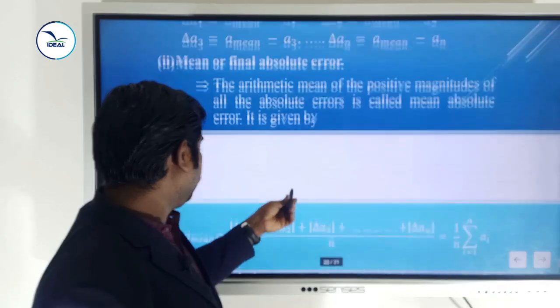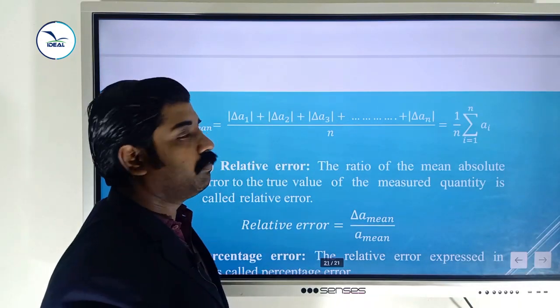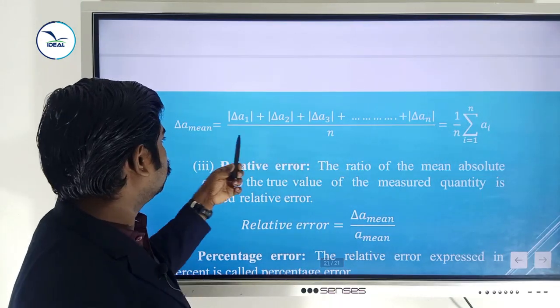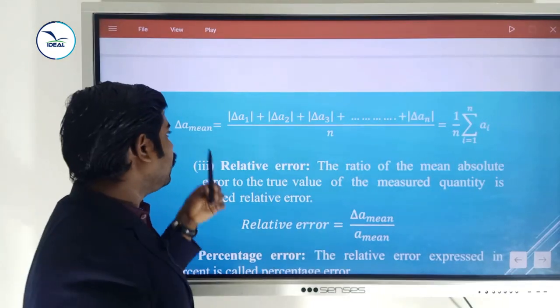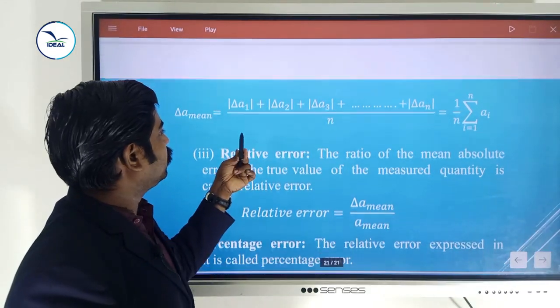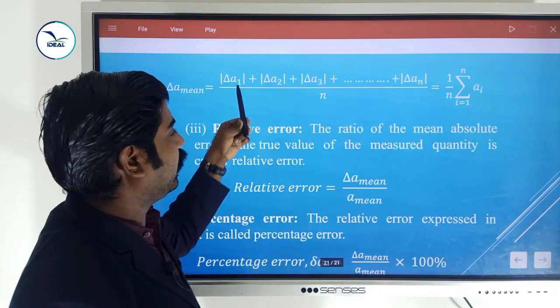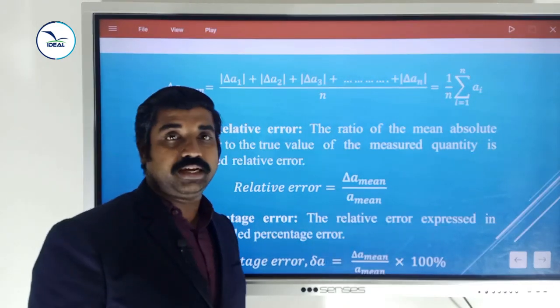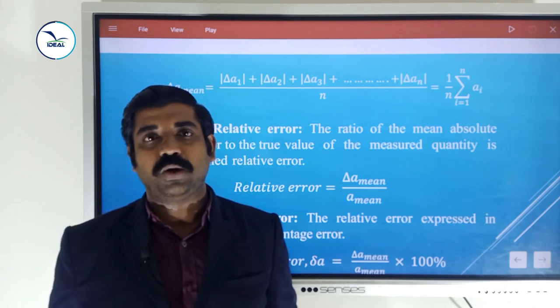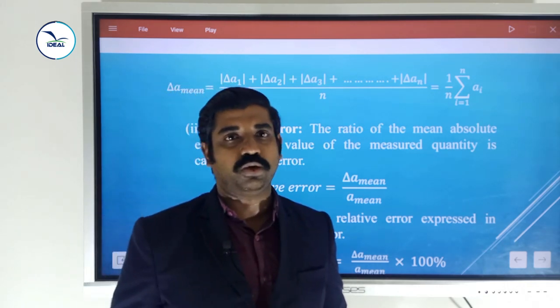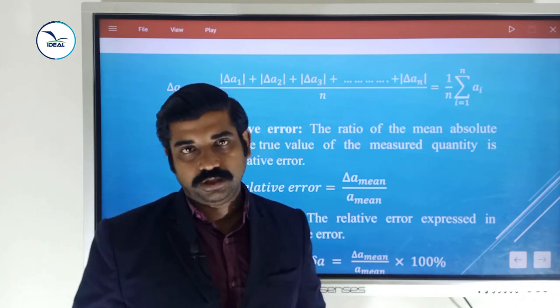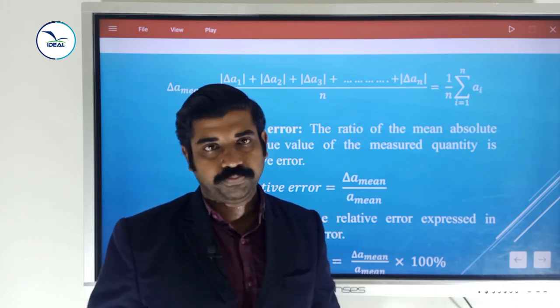That is represented by delta A mean. So delta A mean is equal to the modulus of delta A1, and so on. Modulus means we only consider the positive value. If it is negative, we don't consider the sign.